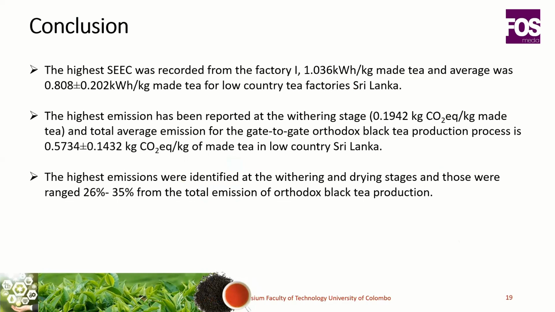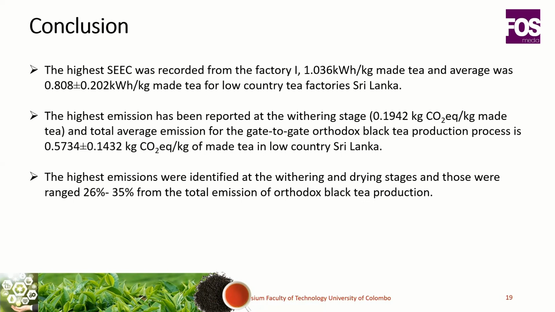When concluding the session, the highest specific energy consumption was recorded from factory 1, and the average was recorded as 0.8 kilowatt hours per 1 kilogram of made tea for low country tea factories in Sri Lanka.